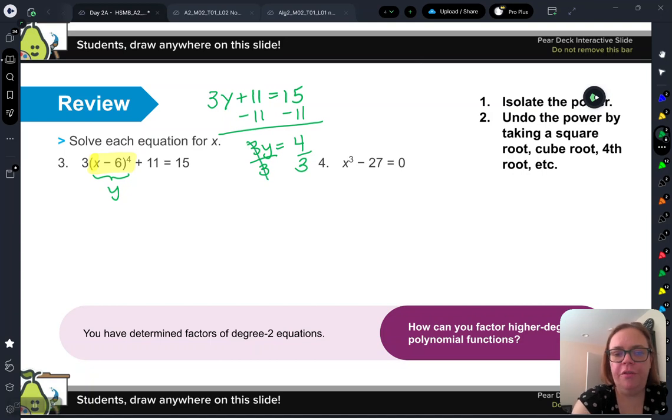That should seem pretty familiar. What we're working with is pretty much the same thing, just a little bit scarier. The first part is exactly the same: subtract the 11, and then divide by the 3.